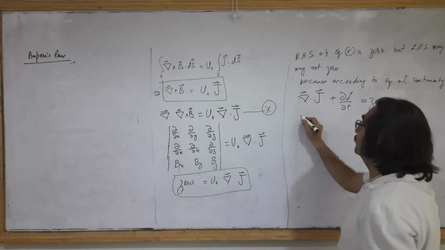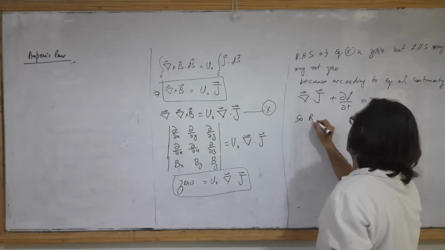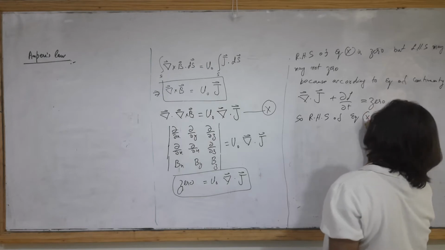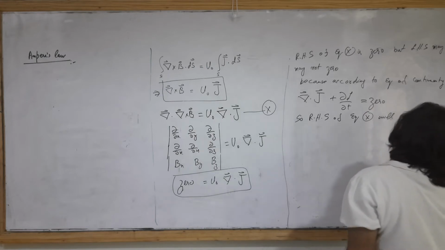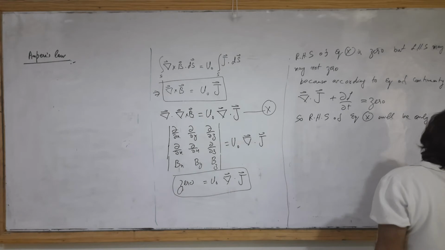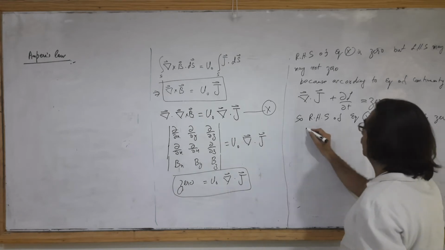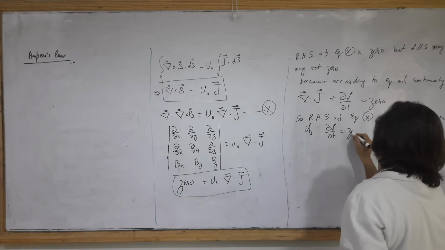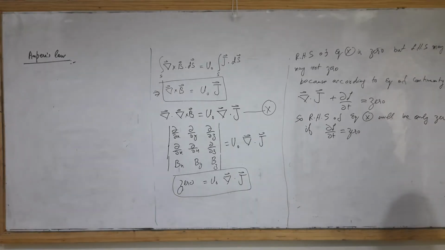So the right-hand side of equation X will be 0 only if partial rho over partial t is equal to 0. Otherwise, this will not be 0.